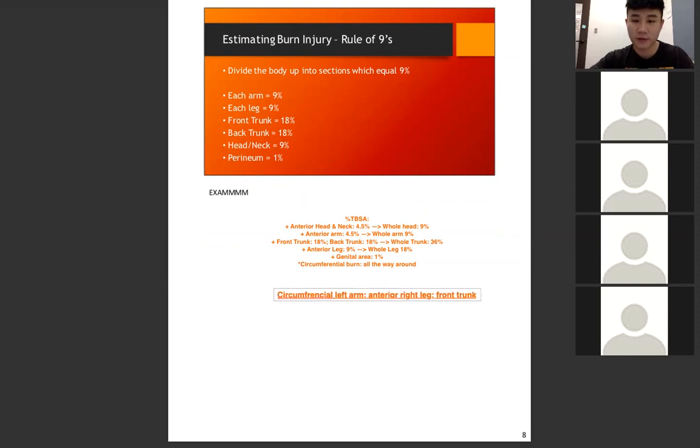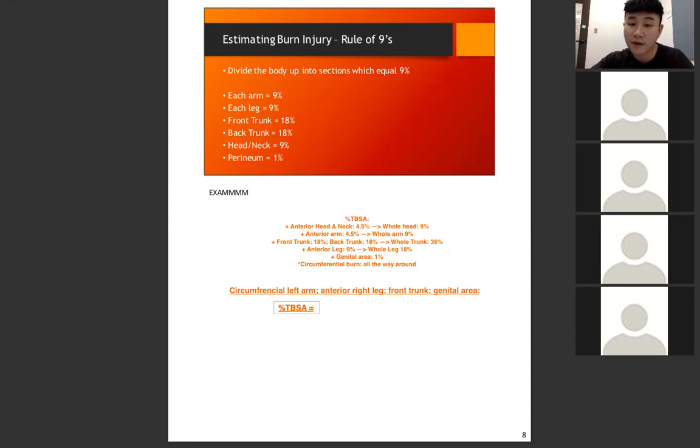Front trunk and genital area. So for example, the patient has burns in this area. What is the total percentage of body surface area?